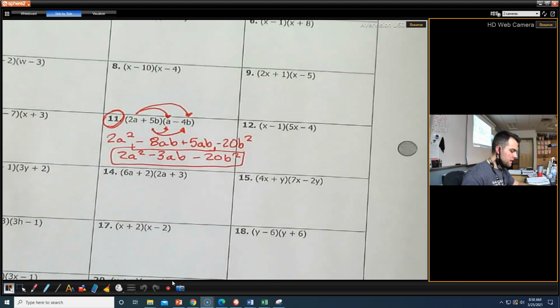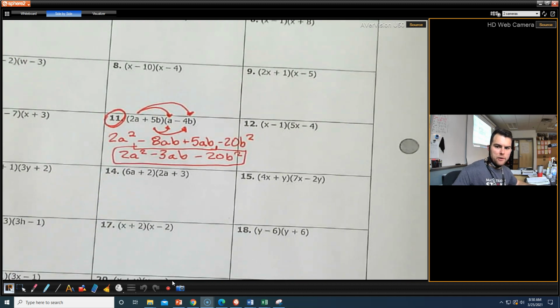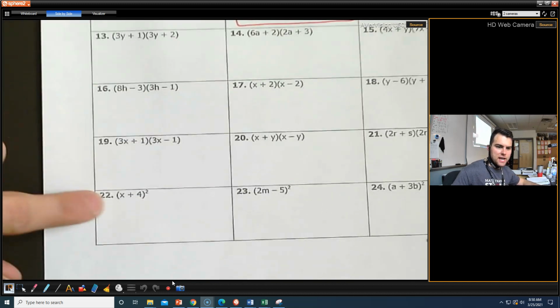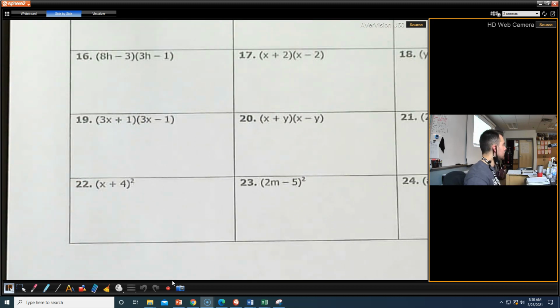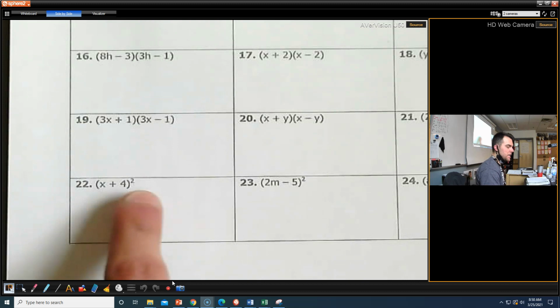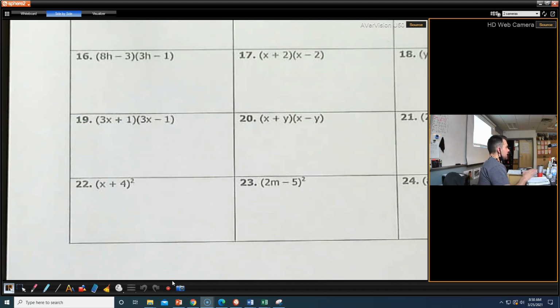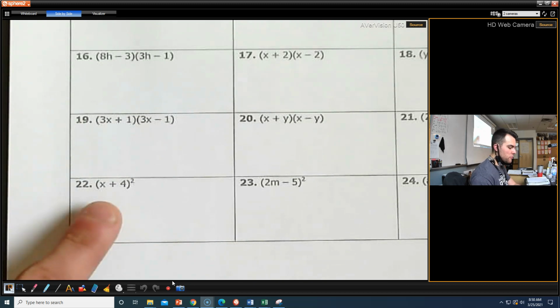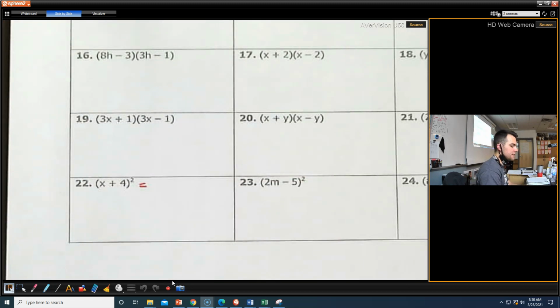Let's check out something like 22, below. Some of you were looking at it early on, and you had some pretty awesome ideas. You were thinking about your power rule from when we did monomials, because you see this outside exponent. But that's not really what it's asking. X plus 4 squared, how can I rewrite that?